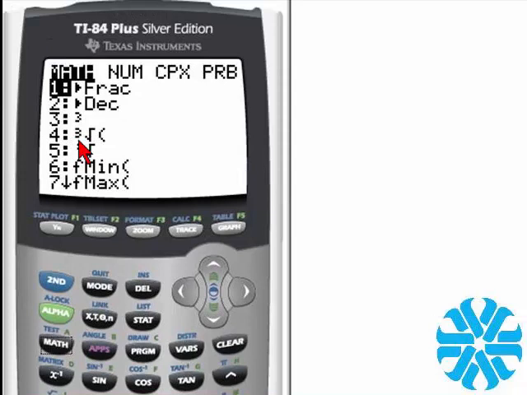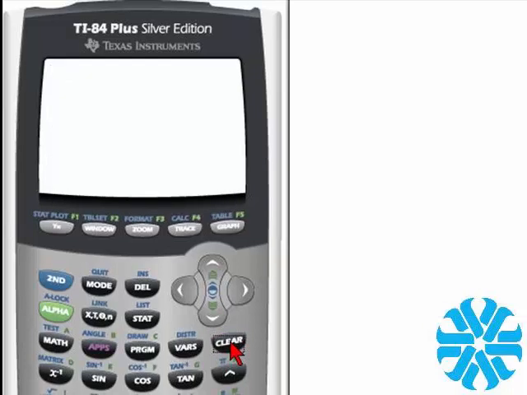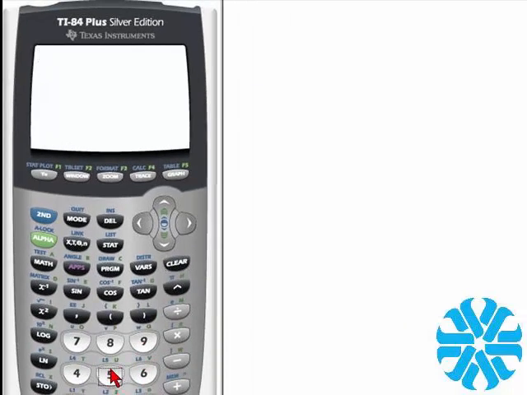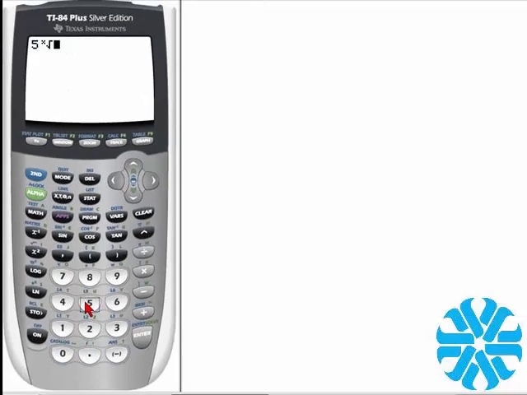So let's go ahead and clear this screen, and let's say we're going to calculate the fifth root of 32. We need to hit the root first, and then the math button, and then line number 5, and then we're going to go ahead and put in 32 and hit enter to get your result.